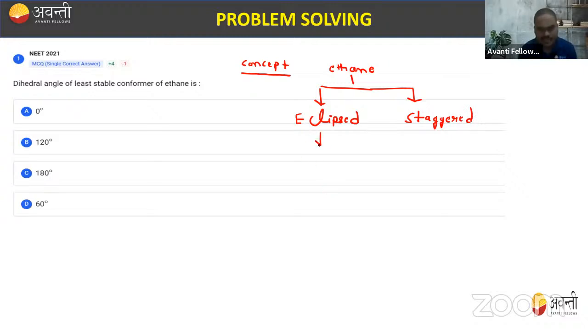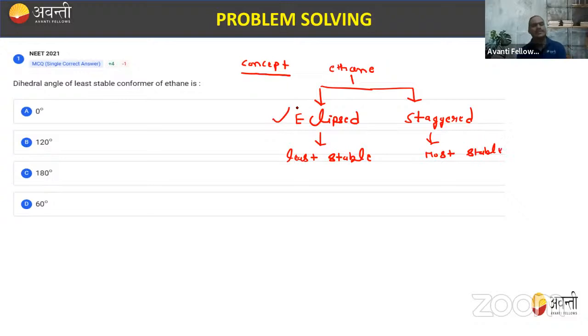Always remember this eclipsed form is the least stable, because in this question dihedral angle of least stable they are asking, and they are asking from the eclipse form. So the eclipse are the least stable, and this is most stable. So in this question they are asking about the eclipse only, right?